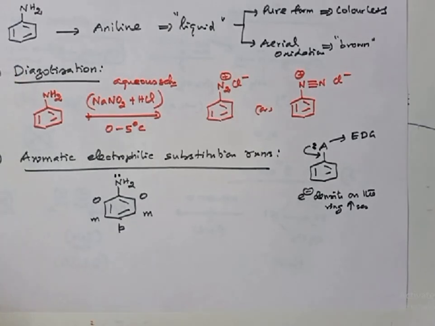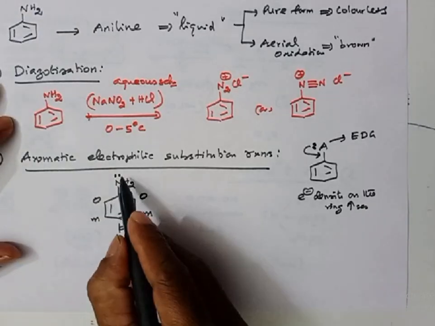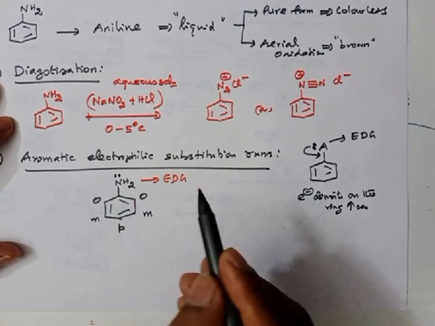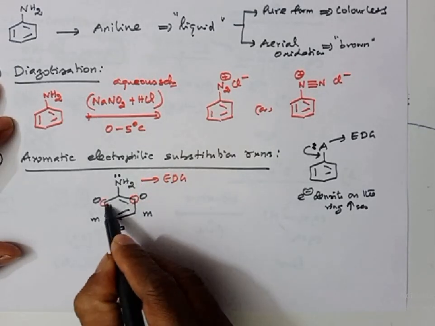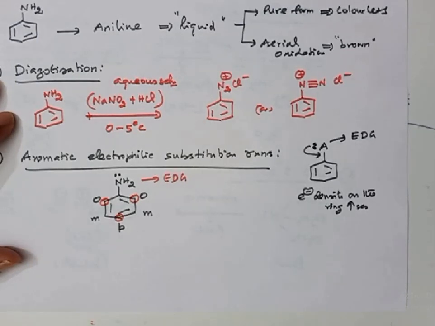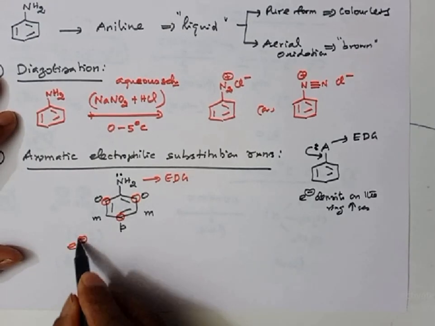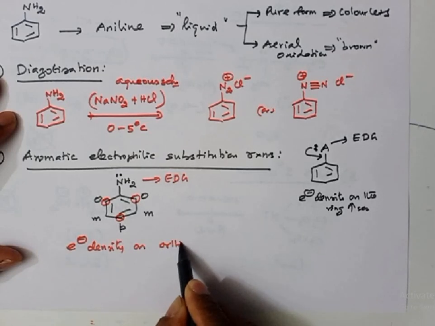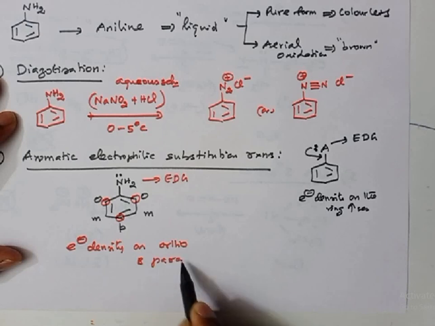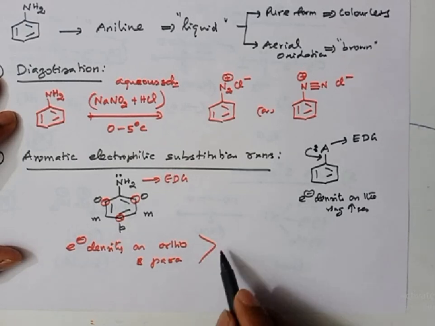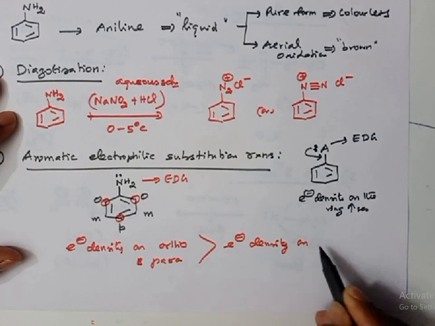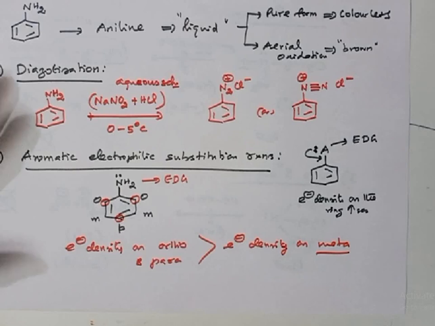Right? Usually students, or in almost all cases, electron donating group, so NH2 group is electron donating. Electron donating group increases the electron density at the ortho carbon and at the para carbon. So electron density on ortho and para, okay, is much greater compared to electron density on meta position in aniline.